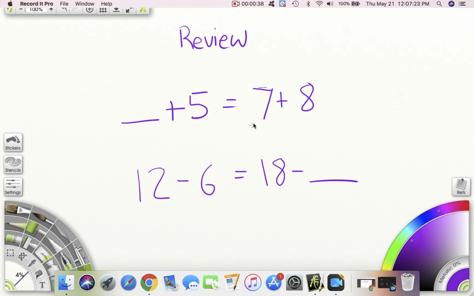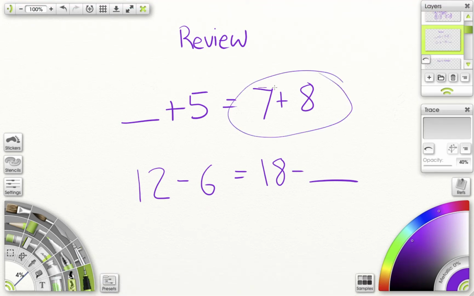So we learned last time that in order to figure out what the blank is of a problem, we have to be able to... 7 plus 8 is what? Well, 7, 8, 9, 10, and so on, I go on to 15. So 7 plus 8 equals 15. So that means blank plus 5 must be equal to 15.